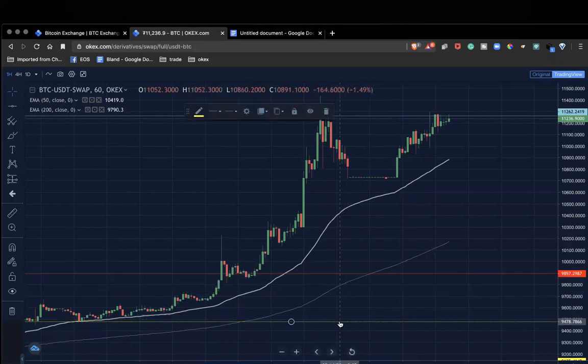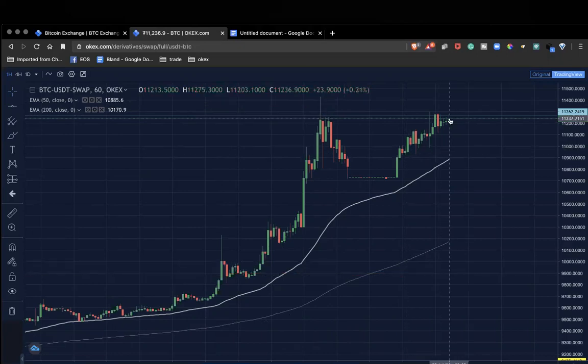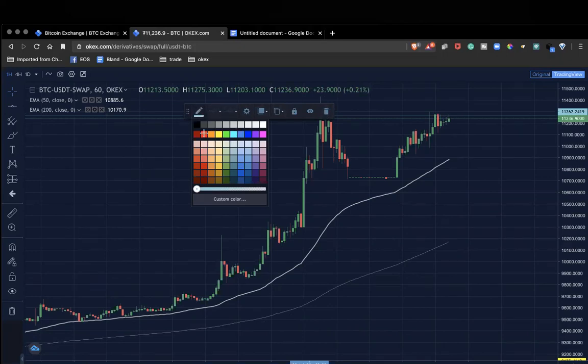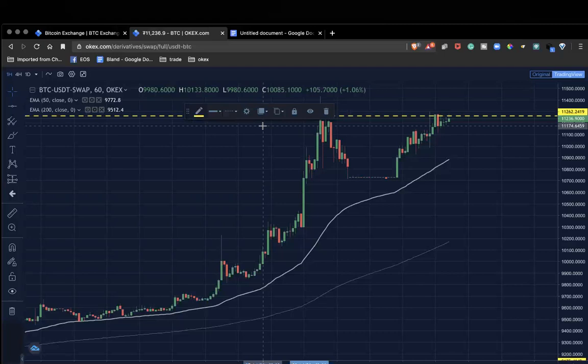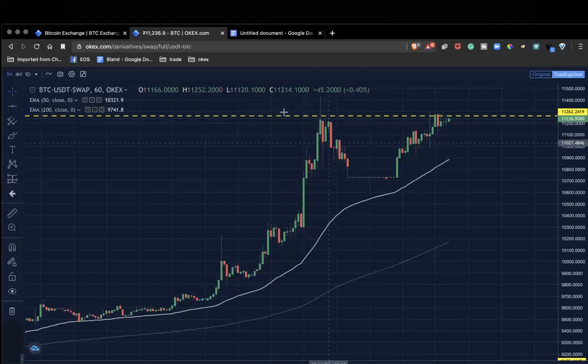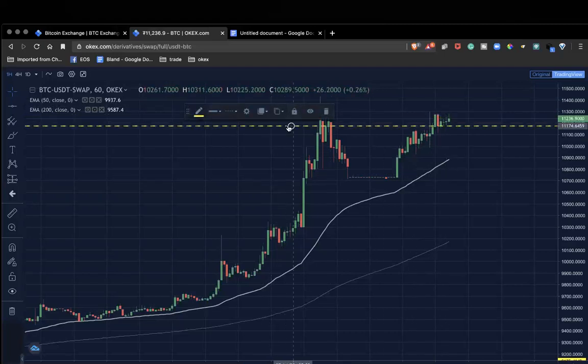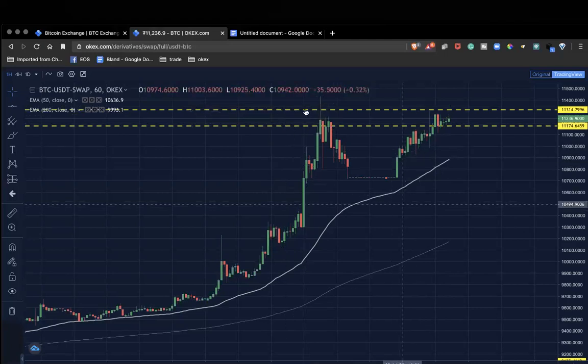Okay, so this is a line. We can change the color of the line to red or whatever. Let's give it yellow, make it a little bit thicker, and make it dotted. Okay, I like it this way. You can duplicate the lines by cloning or copying them.